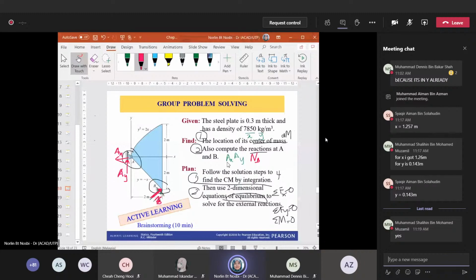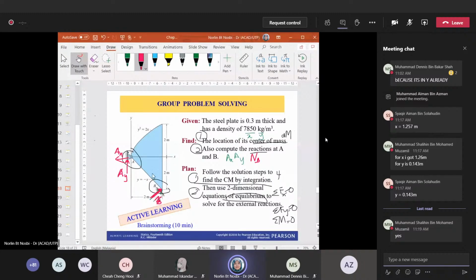So what is the value for AX? What did you get for AX? How do you want to find the AX and AY? You have to base it on the equation of equilibrium. So you have to sum all the forces at X axis and then sum at Y and then the summation of moment. All of this would be 0.